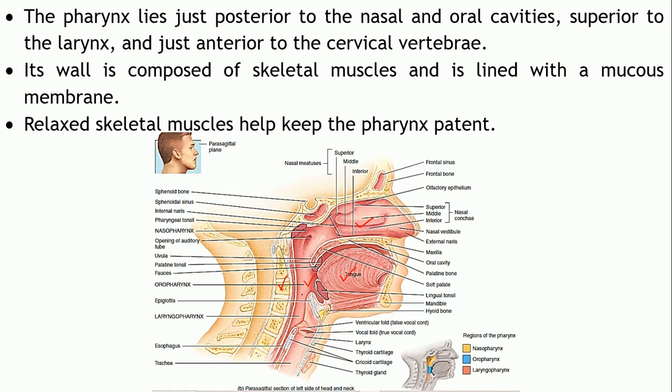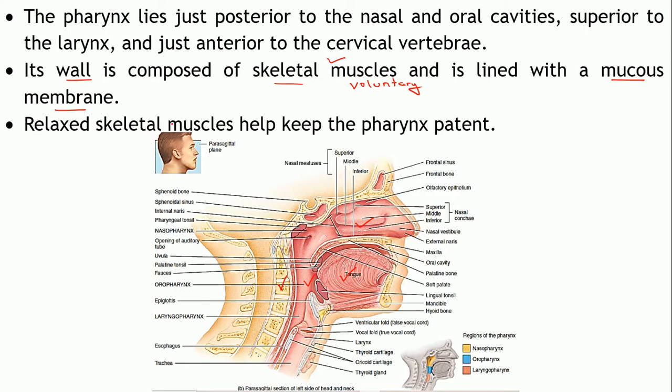Now the wall of the pharynx is mainly composed of the skeletal muscles. So will the contractions of the wall of the pharynx be voluntary or involuntary? Yes, it will be voluntary in nature, because it comprises of the skeletal muscles. Internally it is lined with a mucous membrane.